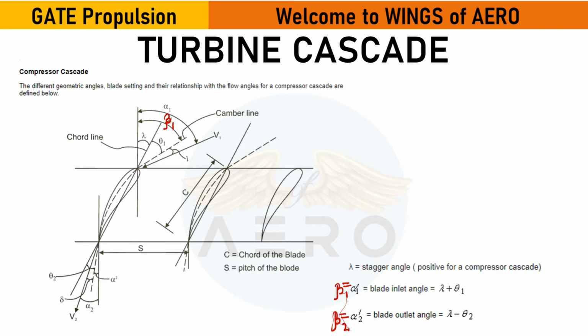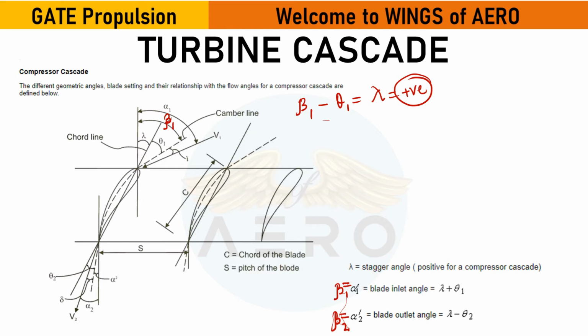Stagger angle is nothing but the difference of the blade inlet angle and the camber angle. It is denoted by lambda. For a compressor, the stagger angle is always positive, but in case of a turbine the stagger angle is always negative, and turbine blades are highly cambered.